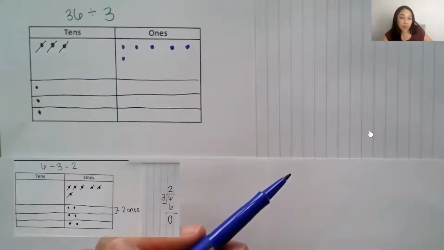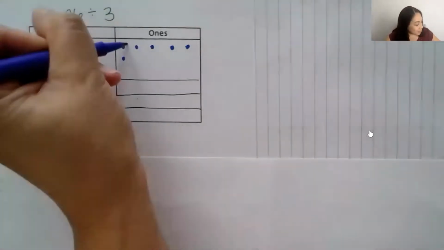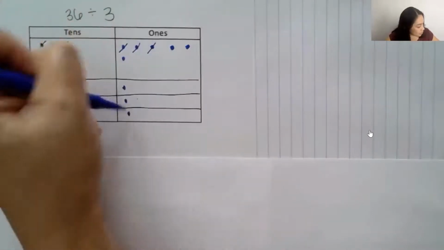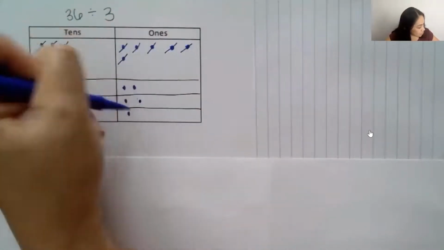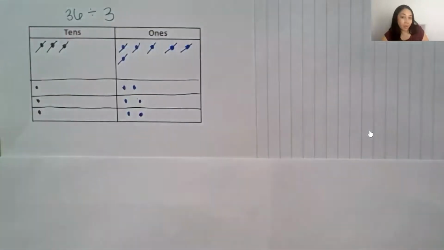We crossed off the ones one at a time as we did that. Let's do this now. Are there any ones left over? No. How many tens and ones are in each of the three groups? 1 ten, 2 ones.